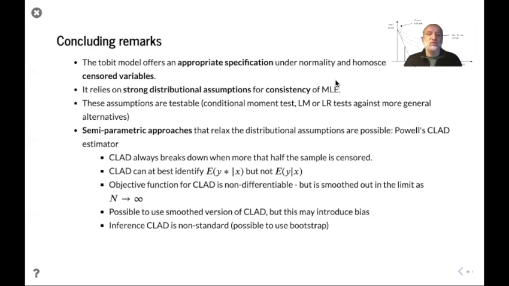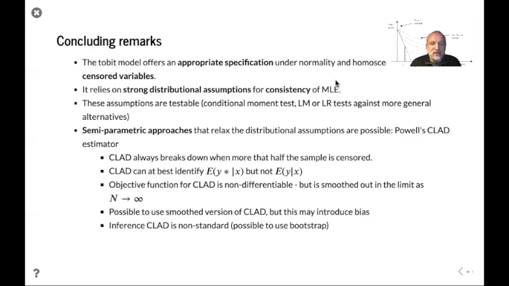And then we talked about various approaches that relax the distributional assumptions. We looked at one of them, the Powell CLAD estimator. It always breaks down if you have more than half of the samples censored, but that's not always the case. And even in that case, you would really have to rely on a lot of hard assumptions to make the Tobit work, because then suddenly it becomes very sensitive to non-normality and heteroscedasticity.